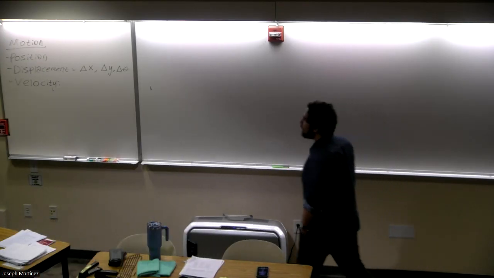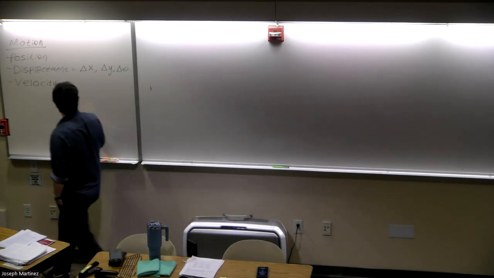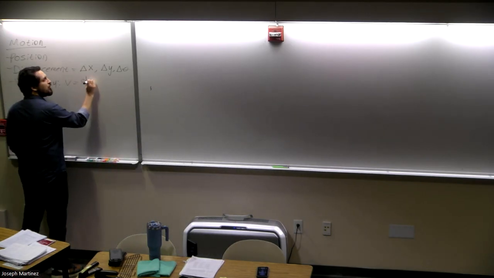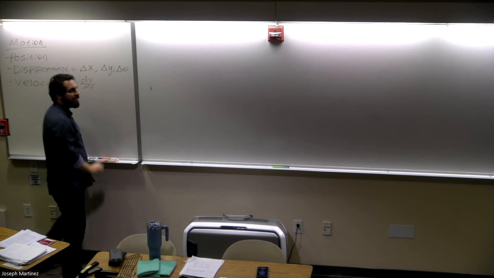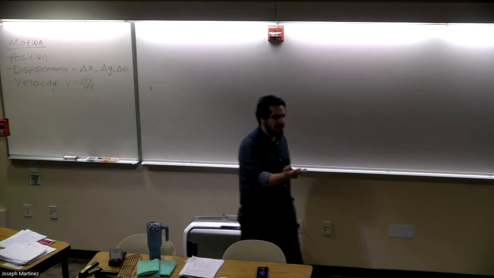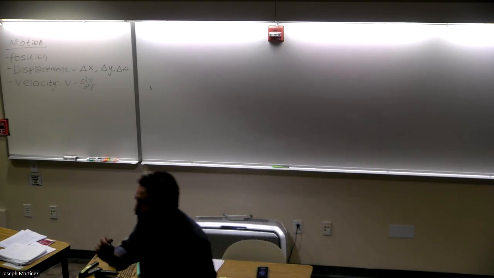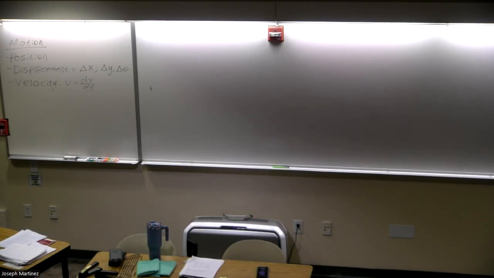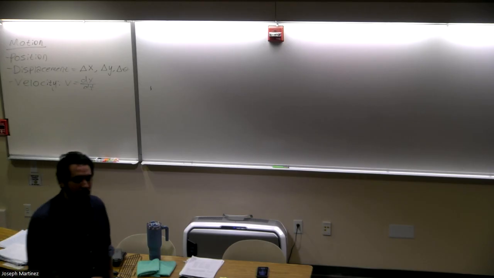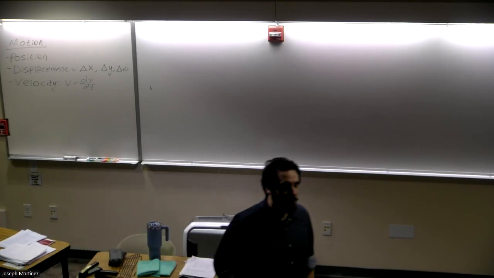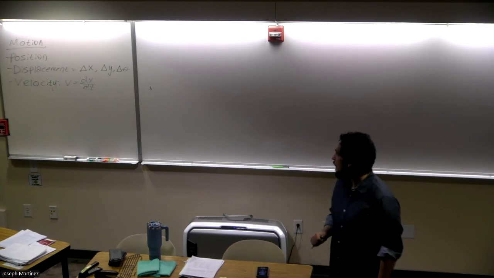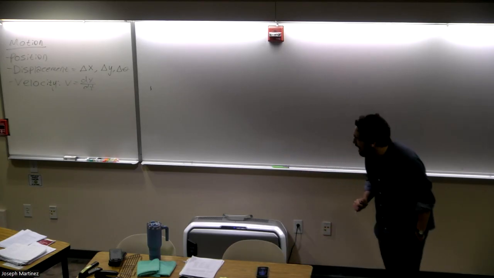Now, the other way we can describe velocity is by the rate of change of your position. How quickly is your position changing? That's what speed essentially is. Speed tells you how quickly you're moving, how quickly you're going from one location to another. So velocity tells you how quickly you undergo your change in position or how quickly that displacement occurs. If we're using calculus, we would say it's the derivative of the position. And that tells us our velocity.